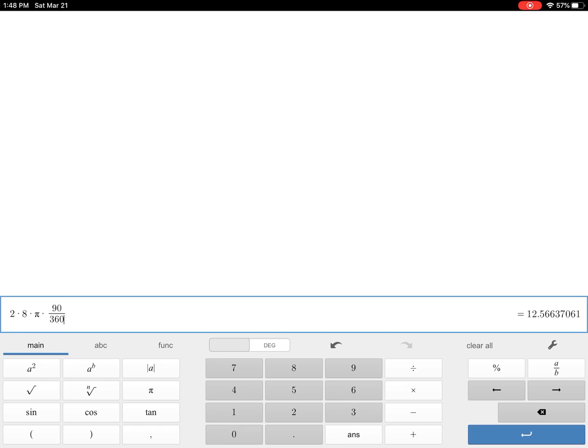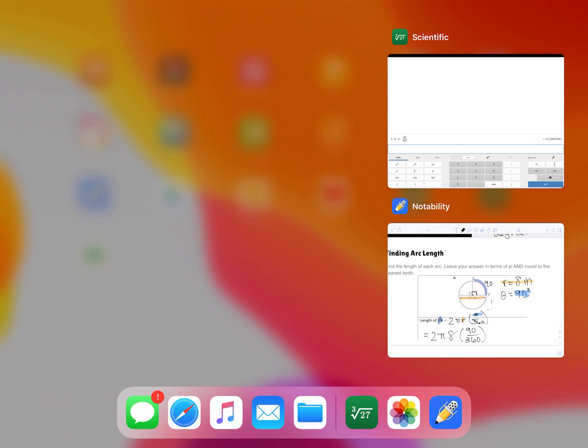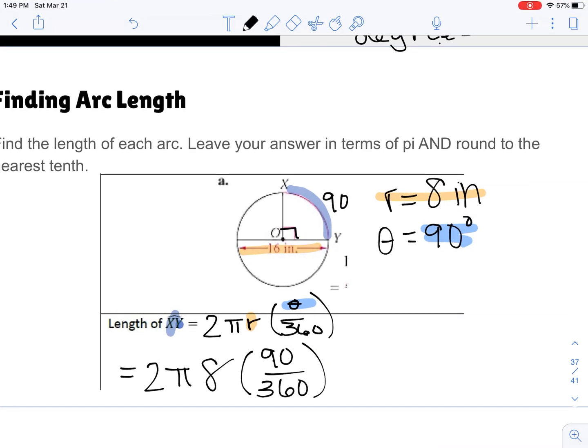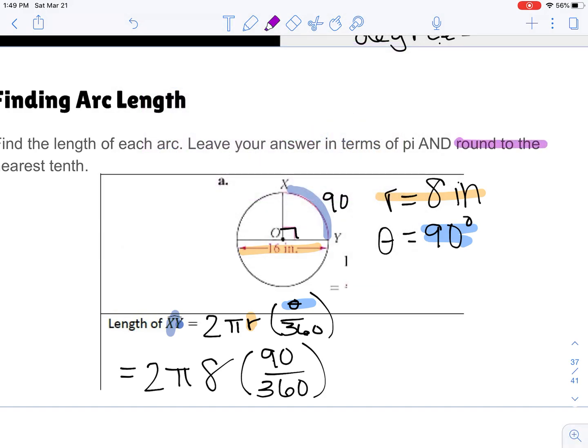You can just put everything into your calculator when we're just rounding to the nearest tenth. We get 12.56, so that would be 12.6. So my rounded answer is 12.6, and the units are inches.